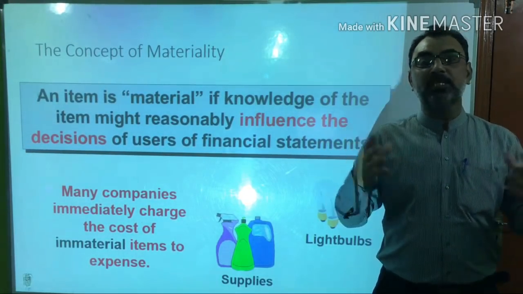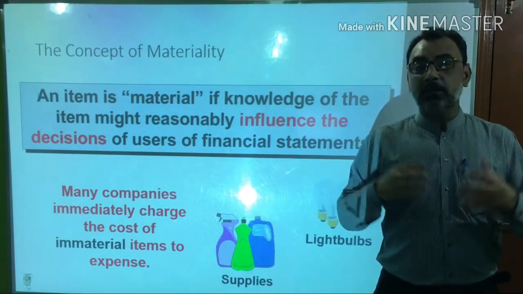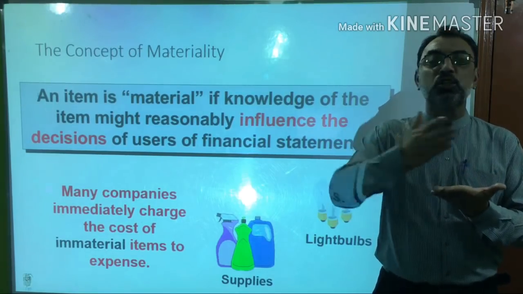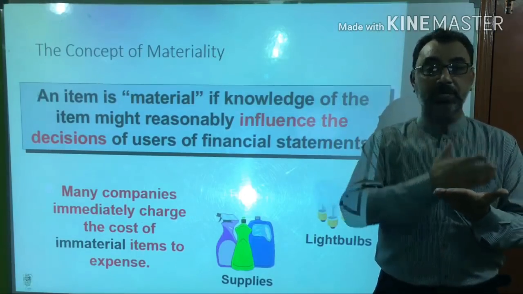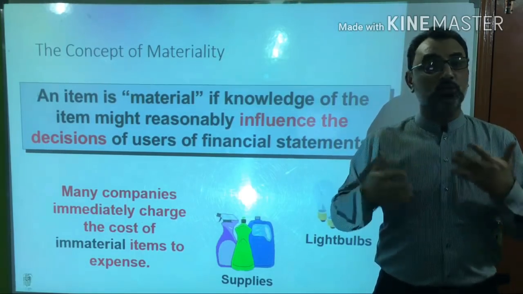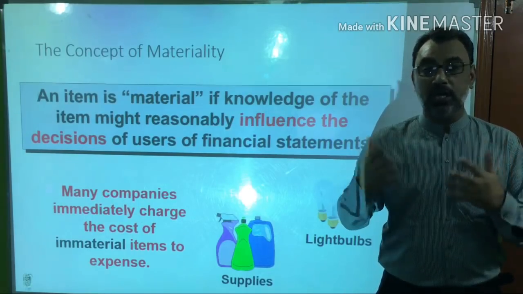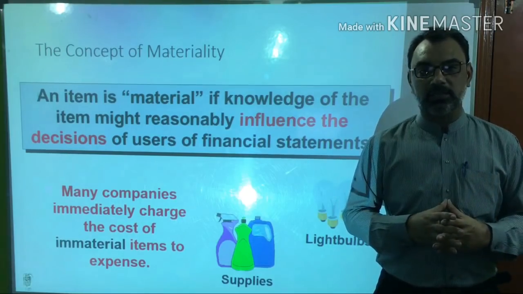Let's suppose I have purchased that stapler or that ashtray at a price of 50 bucks. So should I divide it by its useful life? Let's suppose its useful life is 10 years, so 50 divided by 10, that is I adjust 5 rupees or $5 depreciation every year. Absolutely not. We have a materiality concept.